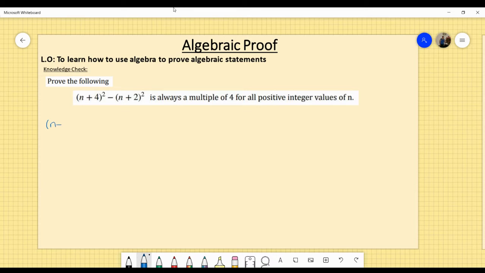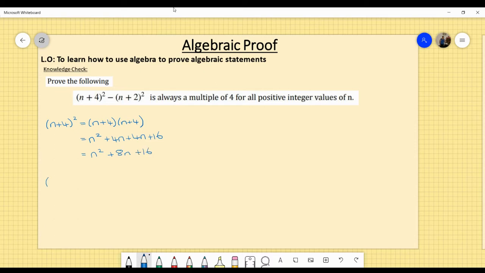So if we start with our first bracket, n plus 4 squared, write out the brackets twice, and we end up with n squared plus 4n plus 4n plus 16, and when we simplify we get n squared plus 8n plus 16.